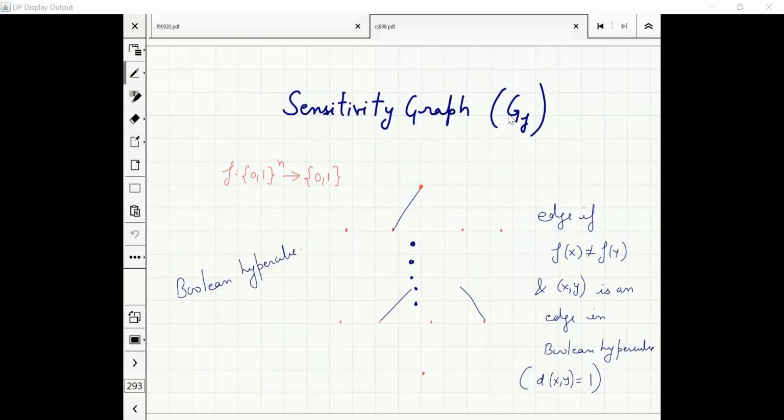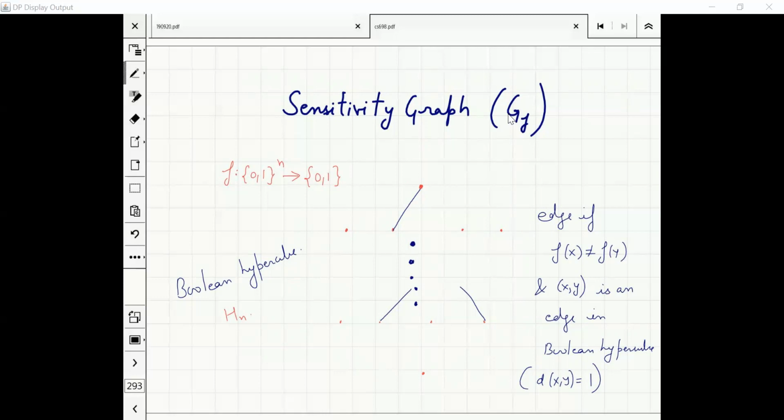Do you remember the Boolean hypercube? What is a Boolean hypercube? Let's say the Boolean hypercube on n vertices. A graph whose vertices are all the possible inputs from {0,1} to the power n. Correct.